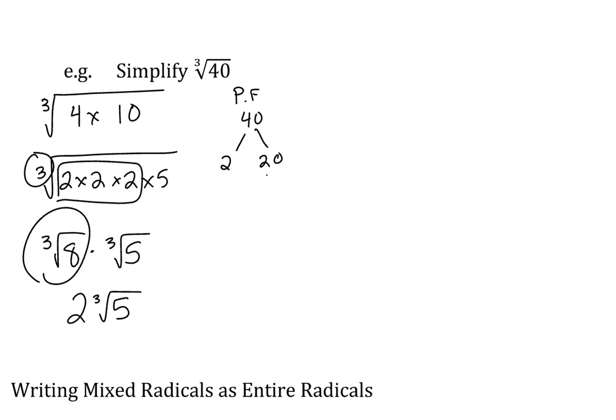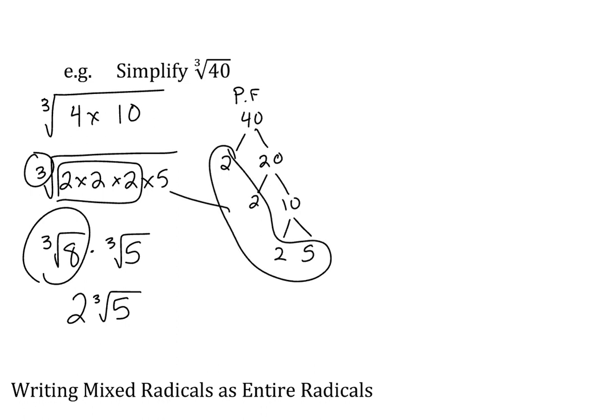But I can split this up. I can say 2 times 10. And I can split this into 2 times 5. Then your prime factorization will just simply be this. The prime factorization tree is actually a really helpful thing. So this is method 1, using prime factorization.